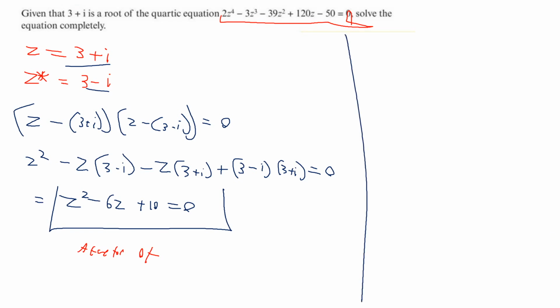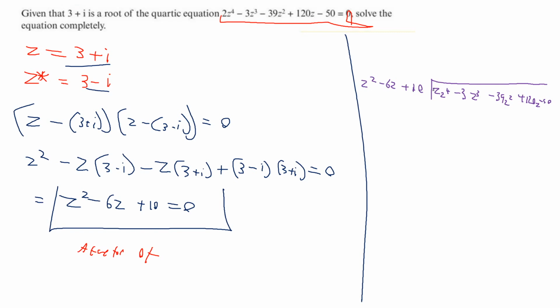So first let's put z squared minus 6z plus 10 outside of the brackets. And let's put 2z to the 4 minus 3z cubed minus 39z squared plus 120z minus 50. Perfect.